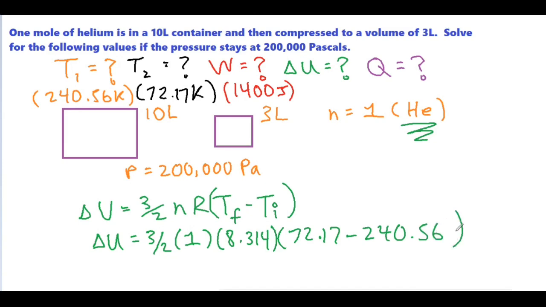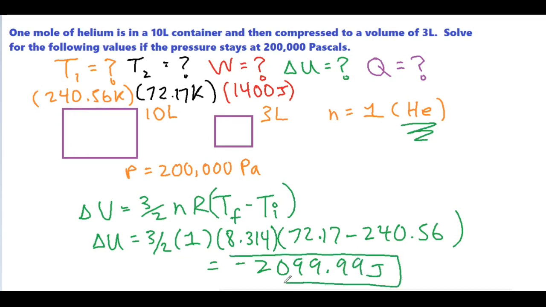So we have a negative delta T, which would give us a negative delta U. Punch that in, and it comes out to about negative 2099.99 joules. Let's log that in with our solutions over here, negative 2099.99 joules. All right, so we're ready to go into our final step, which is finding our Q value, the heat transfer.